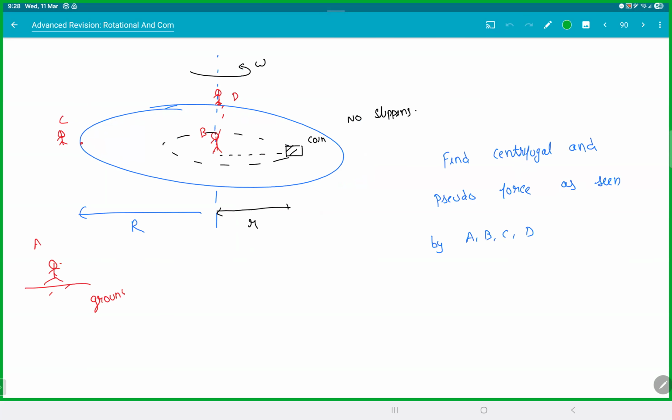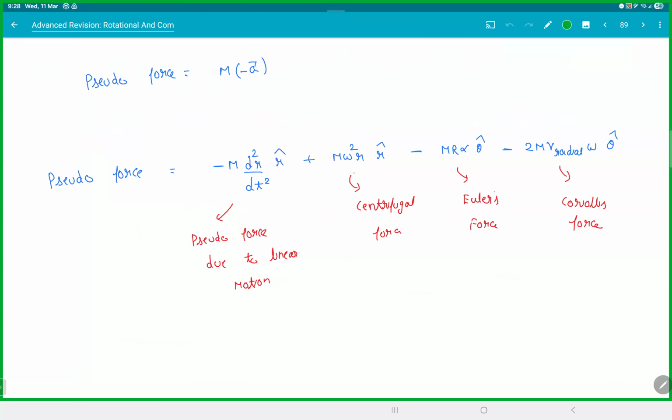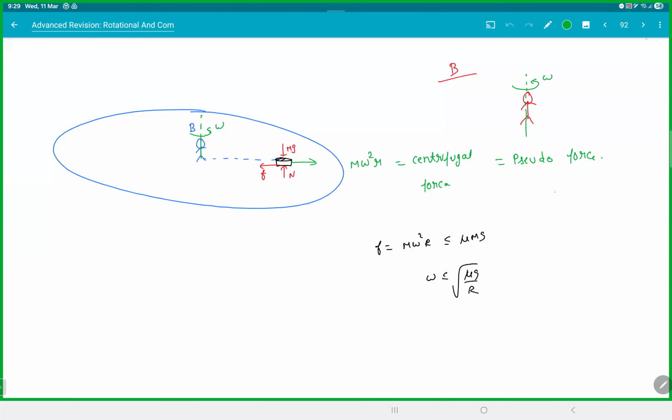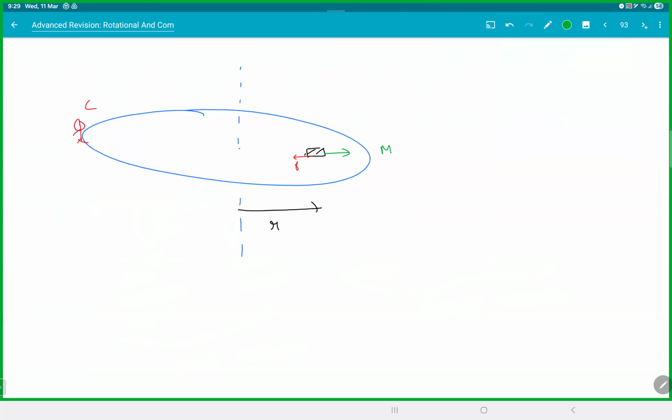Again, remember what the centrifugal force is: m omega square r, where r is the position vector between the object and the observer. So here the centrifugal force will be m omega square (R plus r). Centrifugal force is simply m omega square times the distance between the object and the observer.